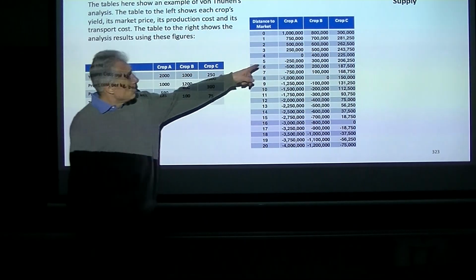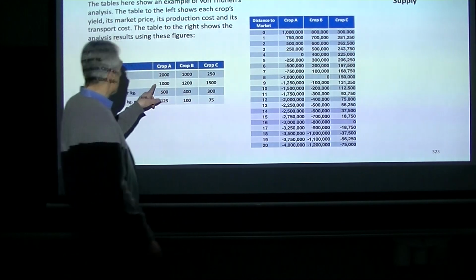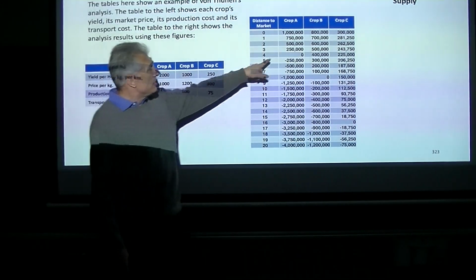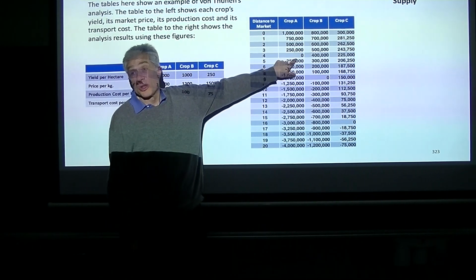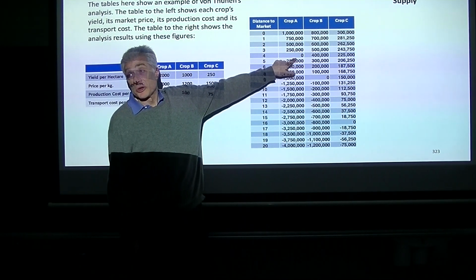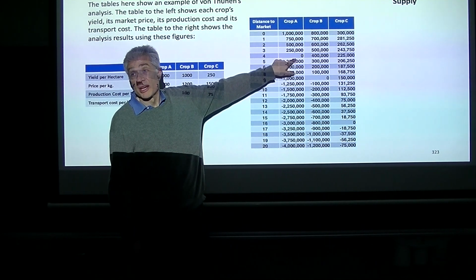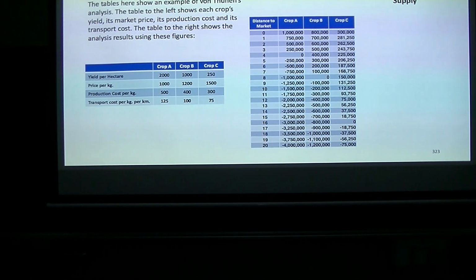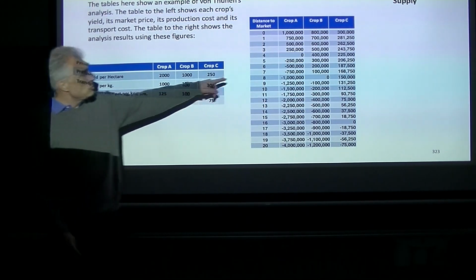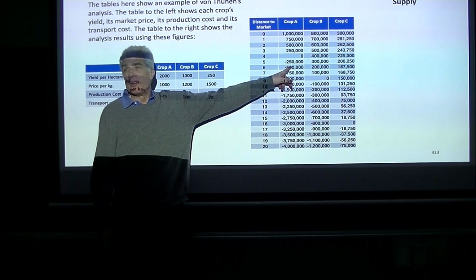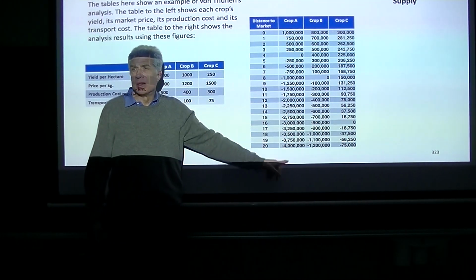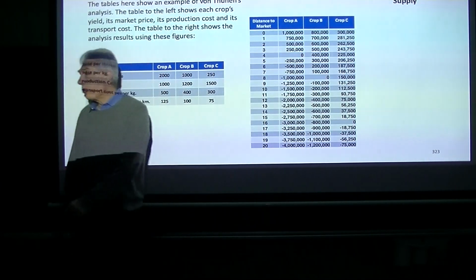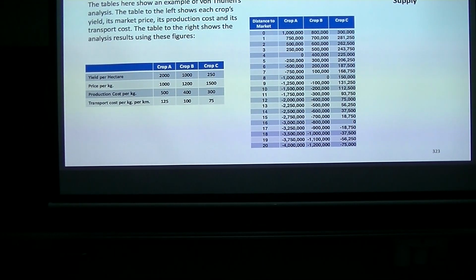In this example, this crop has the highest yield, but you have to have it close, because if it's located too far away, the transport cost is too high. It's not worth bringing to market. So beyond a certain point, the bid is 0, and then the bid is negative. This is what's called a land bid, land rent. These are bids. That's what a user of the land is willing to pay.